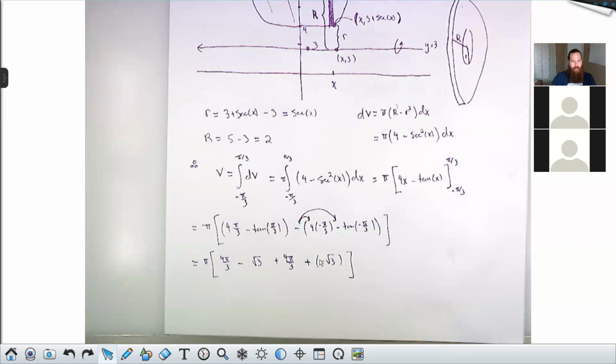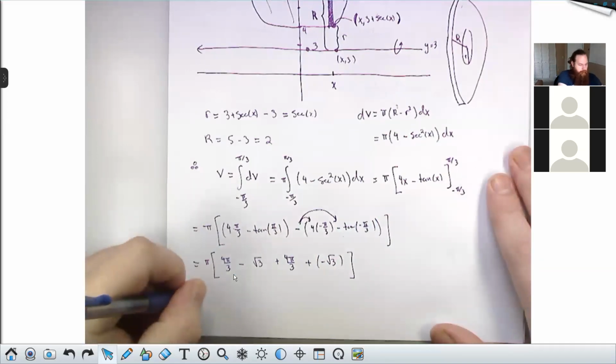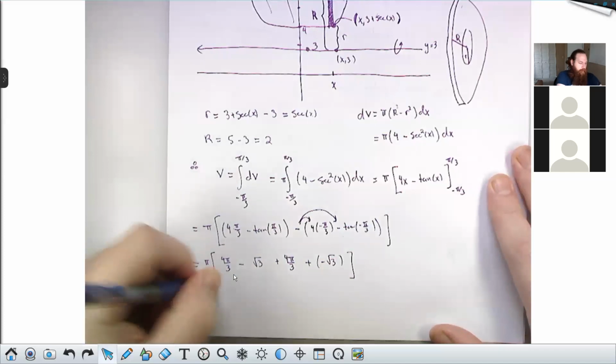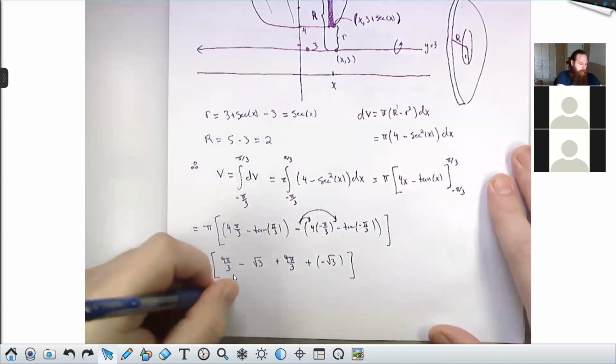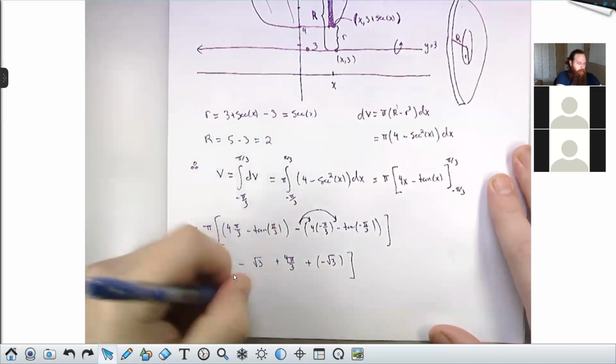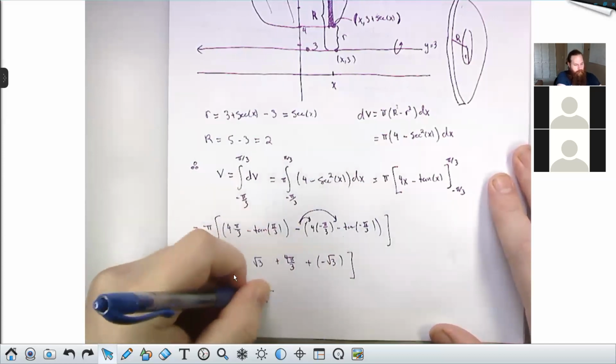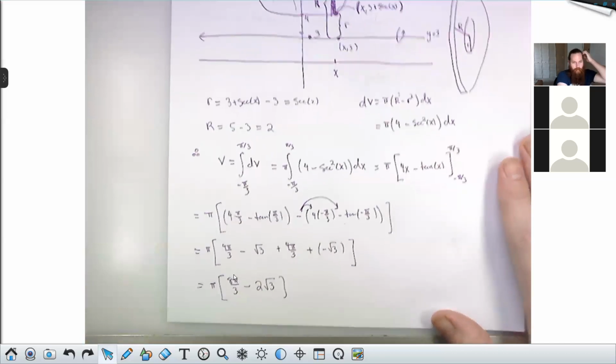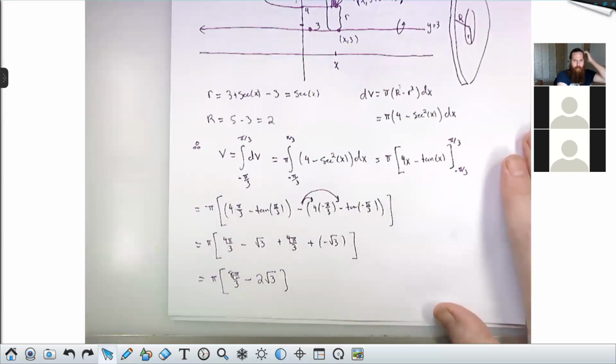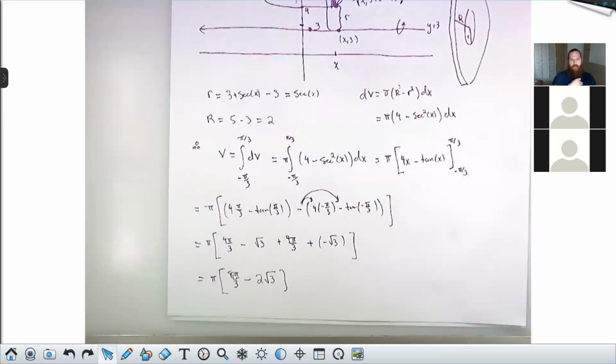But of course, adding a negative is the same as subtracting. Now I'll combine the similar things. The 4 pi over 3 plus 4 pi over 3 makes 8 pi over 3. I've got pi times 8 pi over 3, minus 2 copies of the square root of 3. You could leave it like this, or you could distribute the pi. Either way is just fine with me.